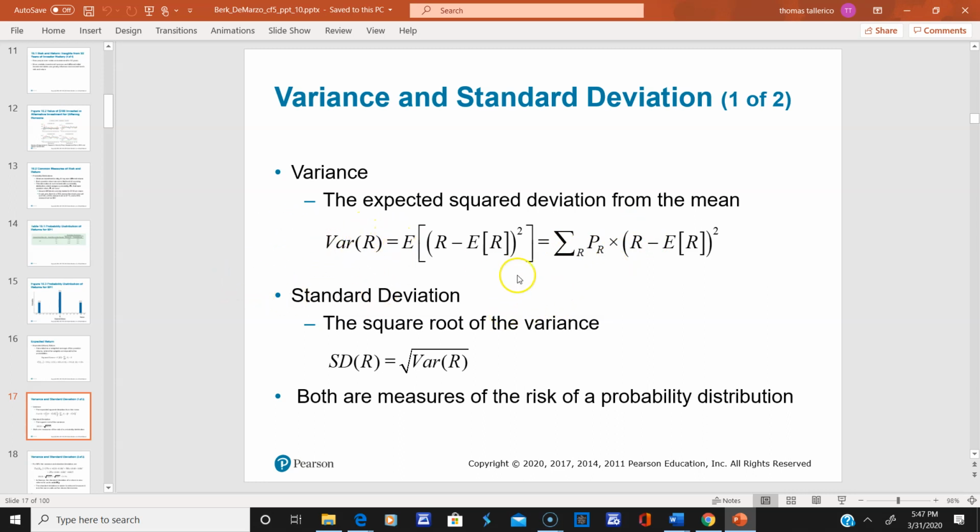If you want the standard deviation, you just take the square root of the variance, okay? So take the square root of the variance, and you can use a calculator or Excel for this. Now, just be careful. I don't know if these definitions of variance and standard deviation are built into Excel. Excel has a different version without probabilities, okay?